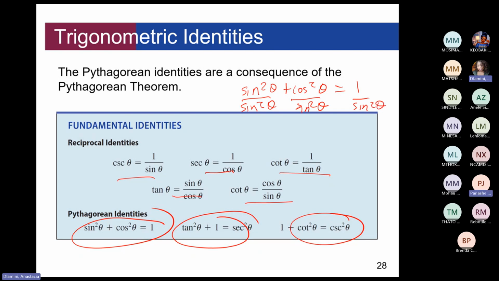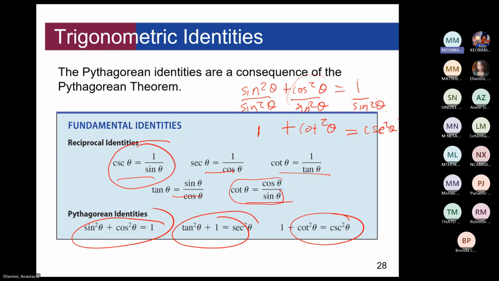Now sine squared theta divided by sine squared theta is 1, plus cos squared theta over sine squared theta, which is cot squared theta, equals 1 over sine squared theta. It's this one here. So this will be cosec squared theta. Do you see that, guys?